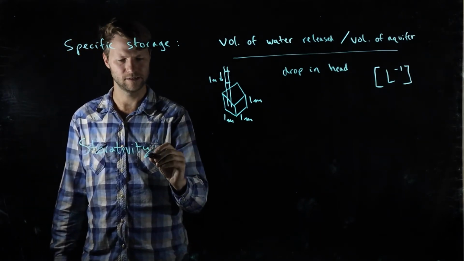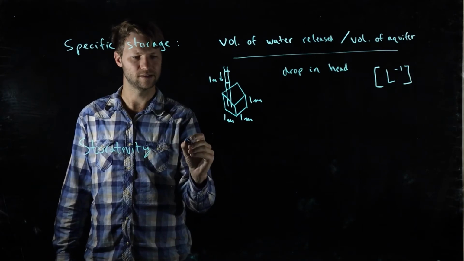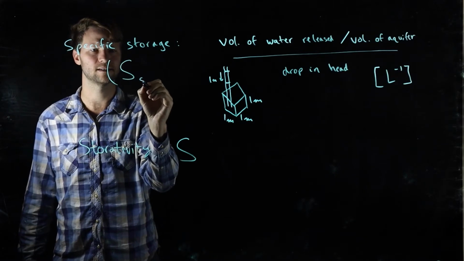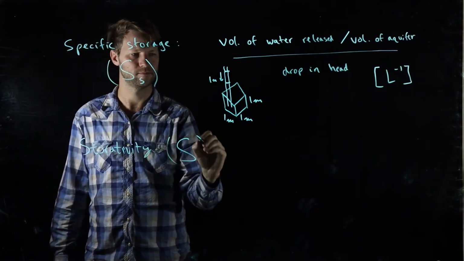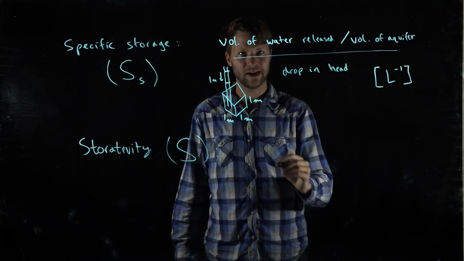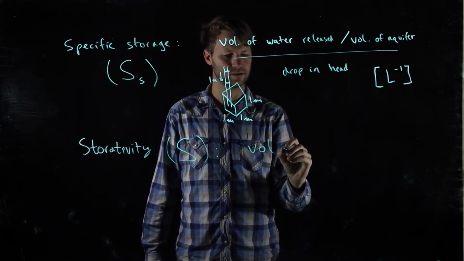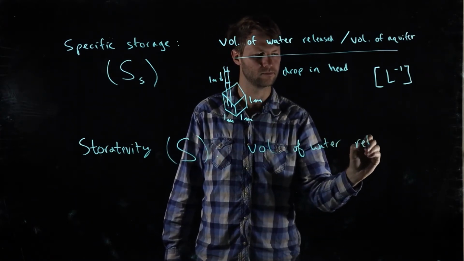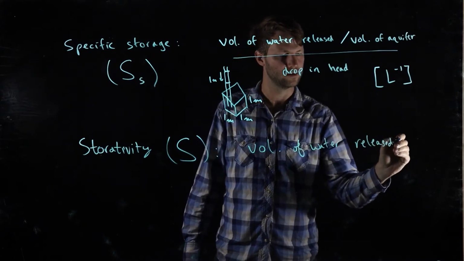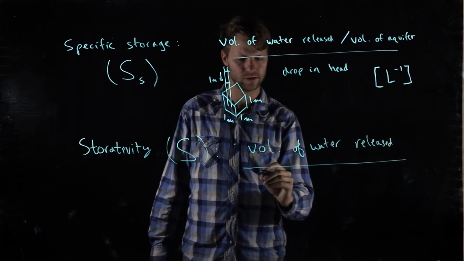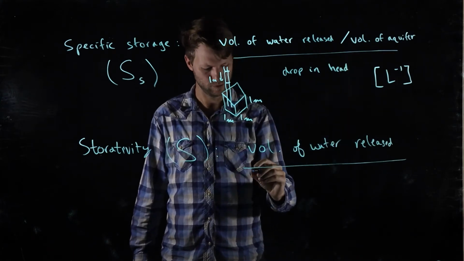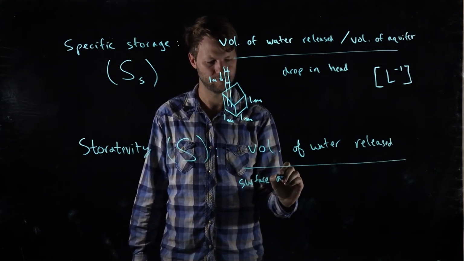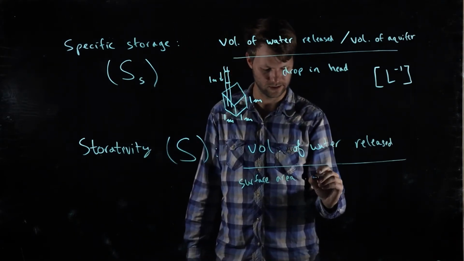which is typically denoted with the symbol capital S, and I should say that this one here is capital S subscript S, is defined as the volume of water released per, instead of the volume of the aquifer, we're going to do the surface area per the drop in head.